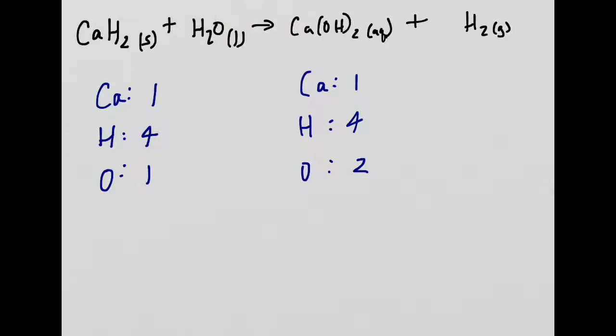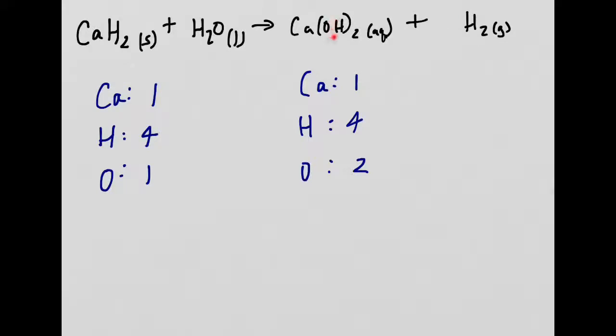Over on the product side, we still have our single calcium right here. There's no coefficient here. Yes, there's a coefficient here, but it has to do with the polyatomic ion hydroxide, so ignore it when it comes to the calcium. So calcium has, you could imagine, a subscript of 1 here, which means we only have 1 calcium on this side. With the hydrogens, this is where it gets just a wee bit tricky. We have the 2 hydrogen atoms over here.